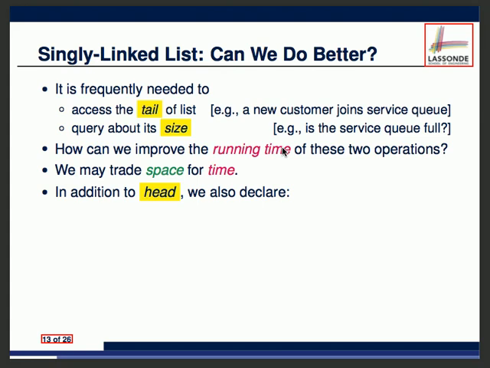But we know that these two operations are so frequently used, so important, we cannot afford to be linear. So what we do is, let's cheat a little bit. So now let's trade the space for the time. Let's declare two more attributes in the list class. We got size, we got tail. So it's actually now much easier to return the result. How do they get their value? That's a good question, you'll see.